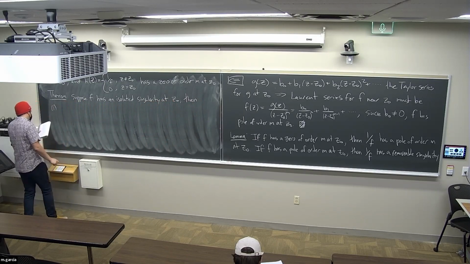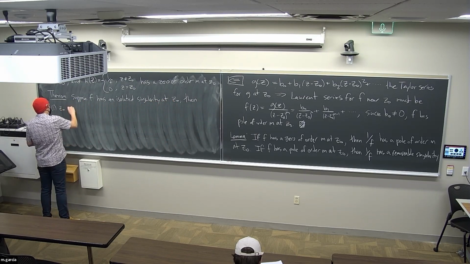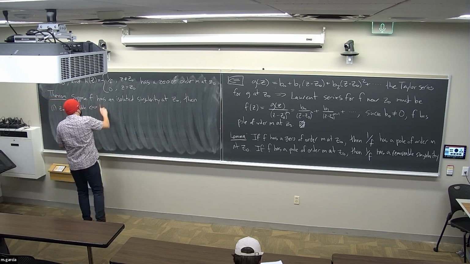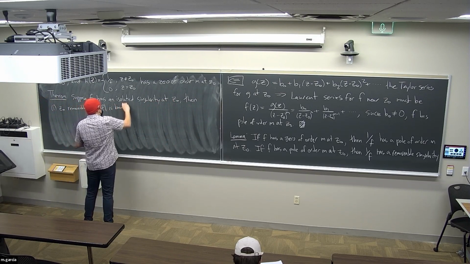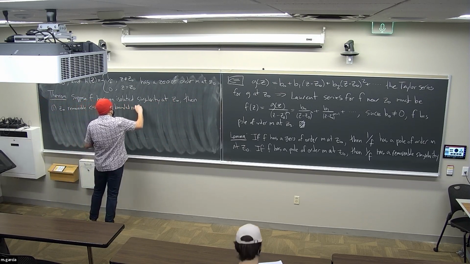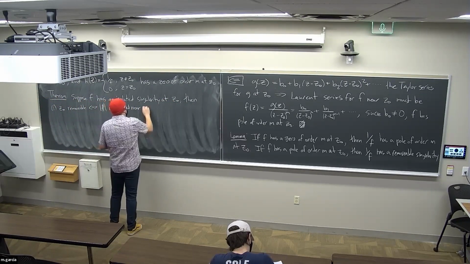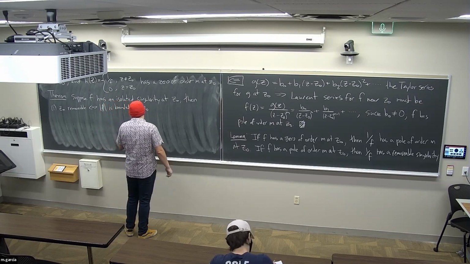In the first case, if z naught is removable, this is true if and only if the modulus of f is bounded near z naught, that is to say, in some punctured disk.